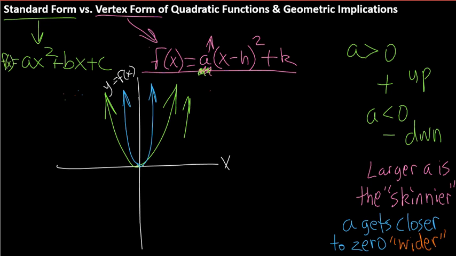Okay, so if we change a to something closer to 0, like a fraction, right? Let's say we had a over, I don't know, 18. That would make our graph get wider like this, meaning it's increasing slower, okay? As x approaches plus or minus infinity, it's not increasing as quickly, all right? So let me erase a little bit.